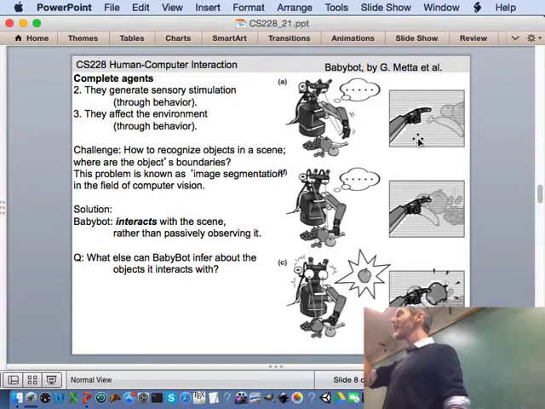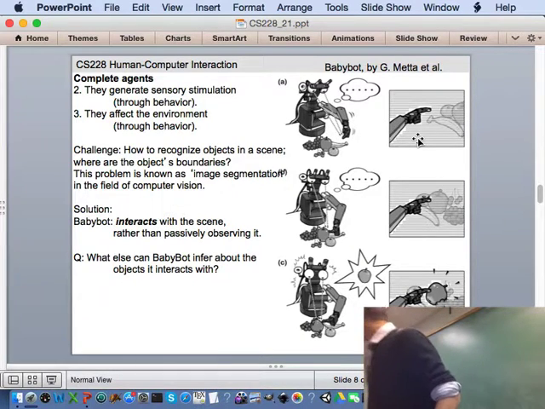A pixel becomes white if there was no movement detected at that pixel in the last millisecond. And that pixel was painted black if there was motion detected at that position in the last millisecond. So in essence, they're scraping most of the information out of the video stream and just leaving in where the robot detects motion.